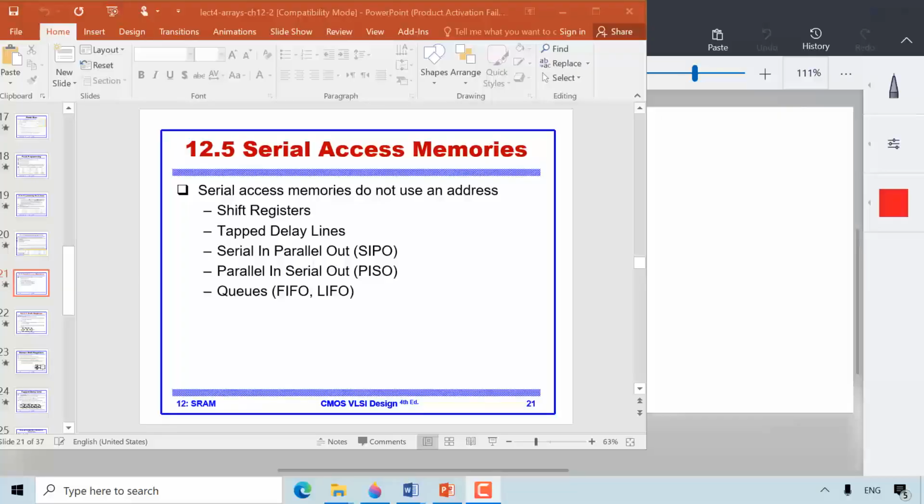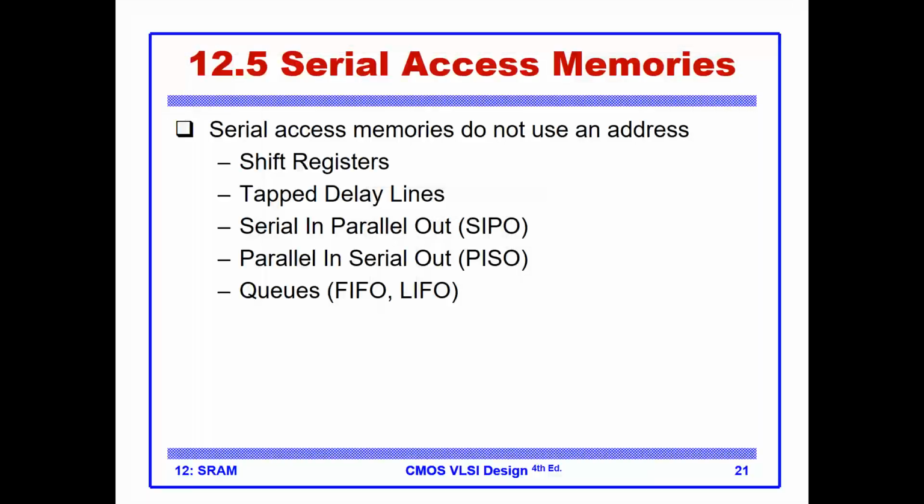Okay, the next type of memories that we will discuss is the serial access memory. This is as opposed to the random access memory. In serial access memory, basically, there is an implied order in which data is stored or read out.